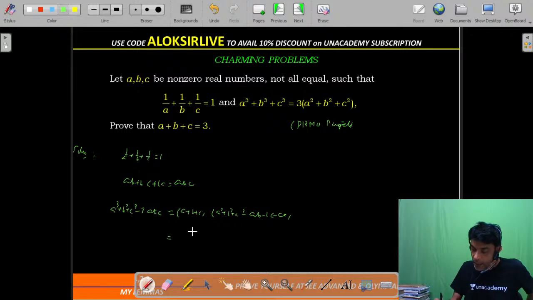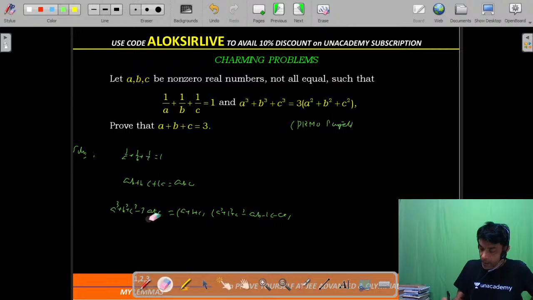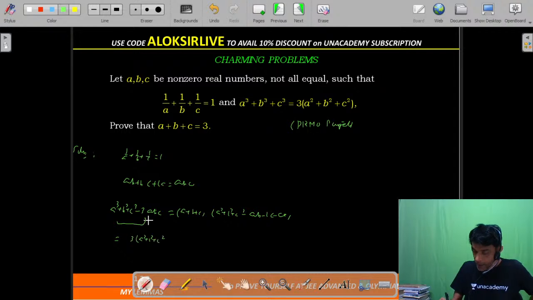So what I can write is this: if I use this hypothesis, I can write this as 3 times a square plus b square plus c square, and then minus abc, correct?